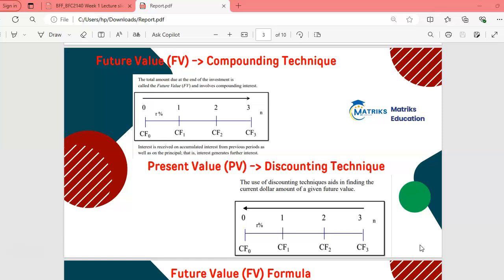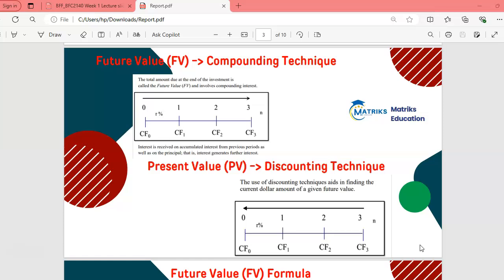So you use the future value formula or concept when you want to calculate how much money you will have in the future or at the end of your investment. Meanwhile, present value, or we can also call it the discounting technique, is the amount of your money in the present moment, or the current dollar amount of a given future value.